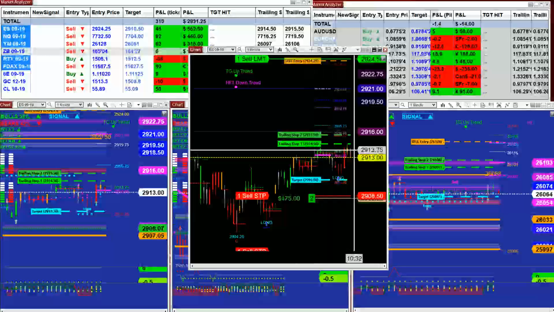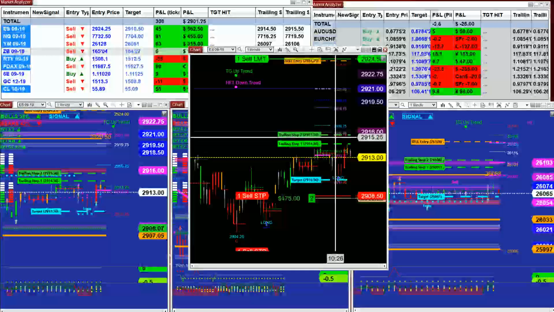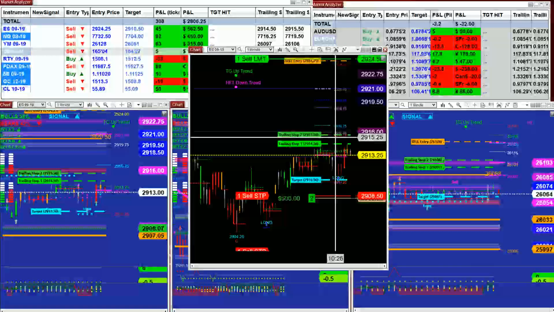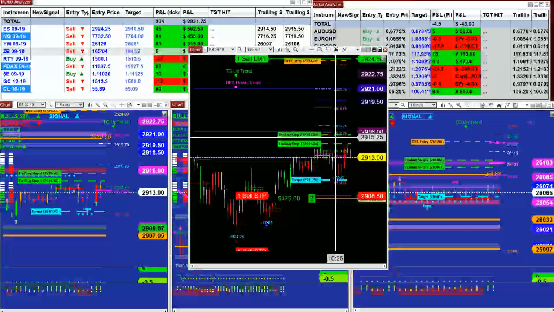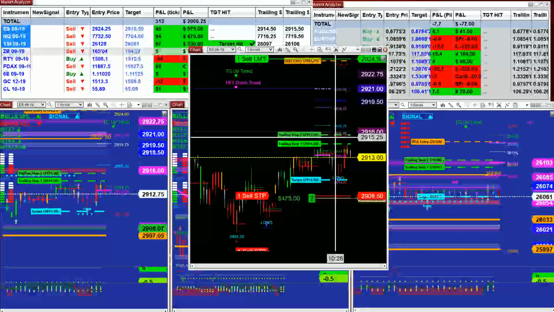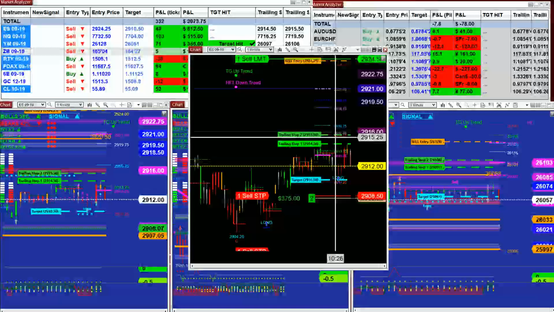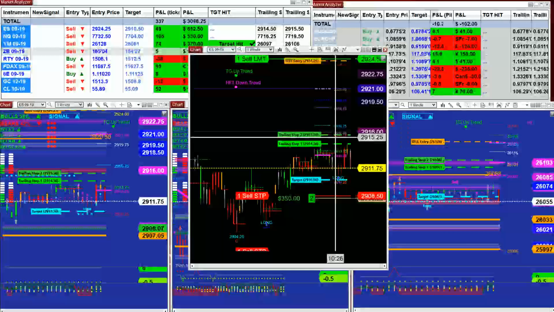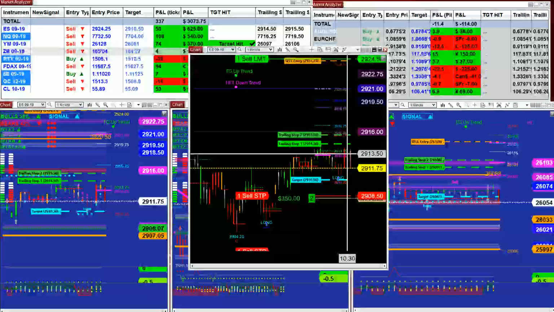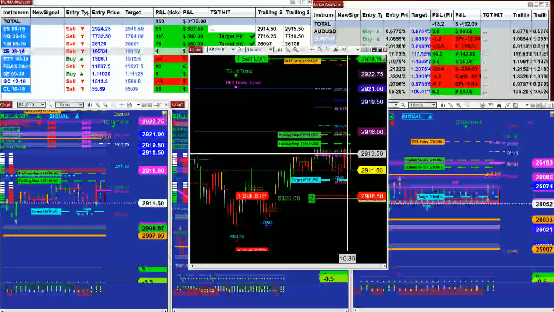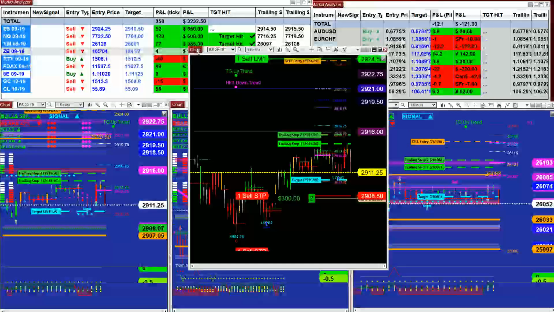If this ES is not able to break those lines, we are going to jump into a flat market or sideways market, or call it whatever you want. The trader gets caught in those areas where you no longer can take short. You can scalp a little bit, 10 ticks here and there, but you cannot really take short, and you cannot take long.